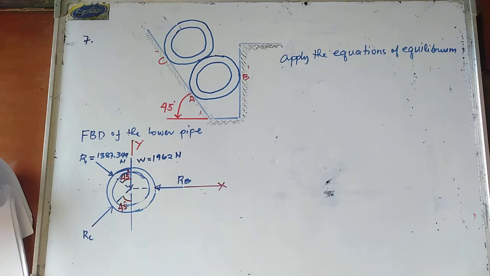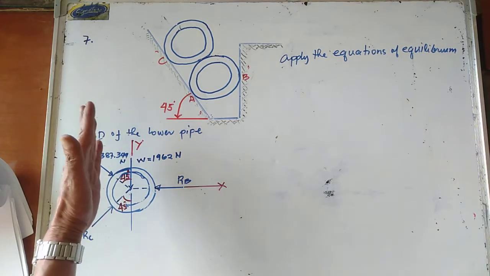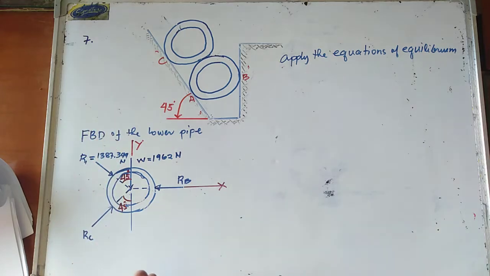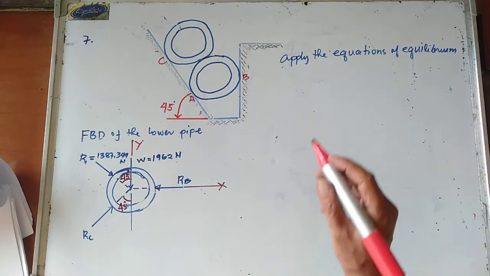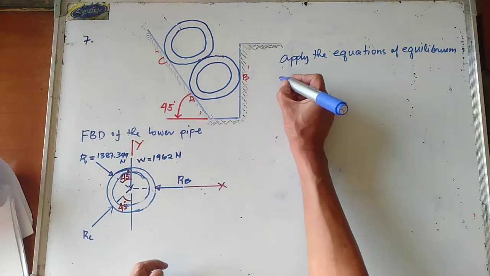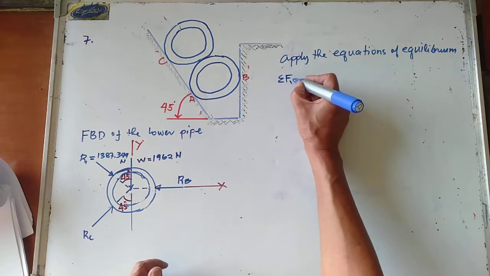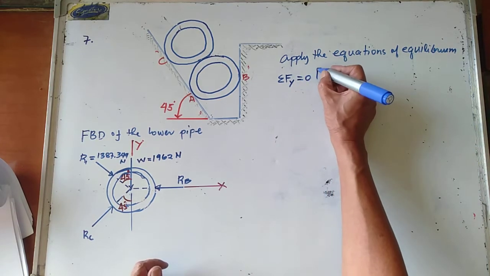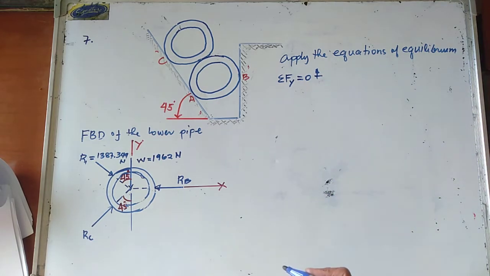Now, summation of forces along the y-axis is equal to 0. Again, I did consider y because if you try to take summation of forces along the y-axis, only RC is unknown because RC has a component in the y-axis. RB is along the x-axis and therefore it has no y component. Again, upward forces positive.